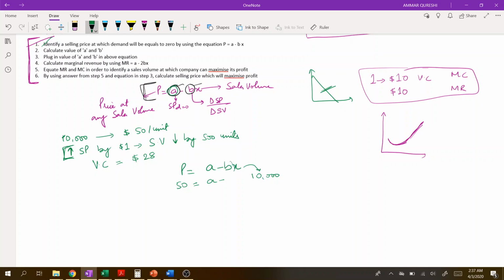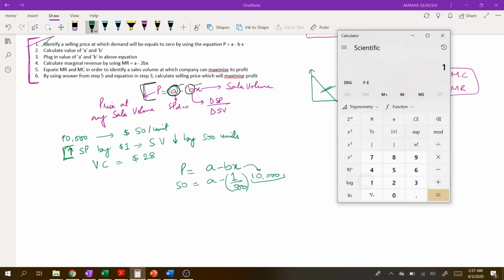B will be the change in selling price divided by the change in sales volume. So if you change the selling price by $1, sales will decrease by 500, right? So 1 divided by 500 is equal to 0.002.